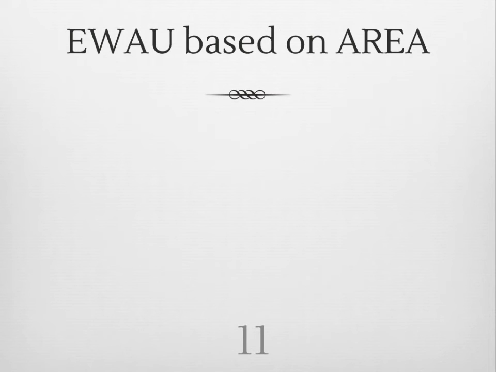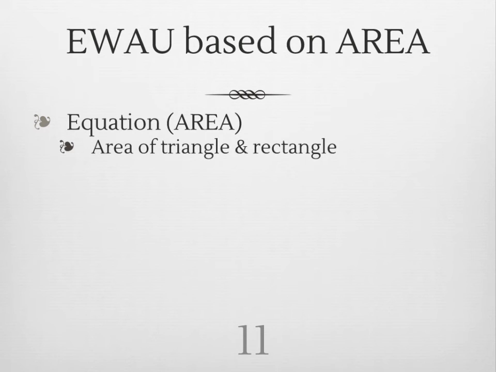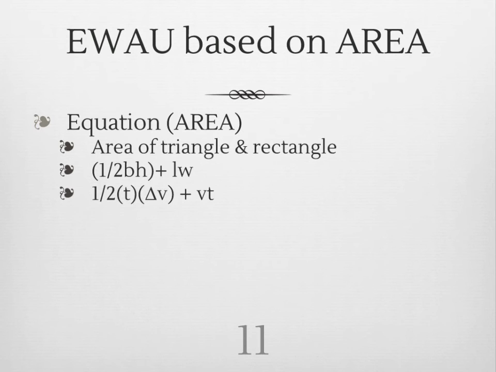Remember, we have 2 ways to find displacement. One way is based on the area under that vt graph. So the equation for area would be a rectangle and a triangle. The triangle is 1/2 the base times the height, and the rectangle is length times width. We're getting these numbers from the graph and the shapes from the graph.